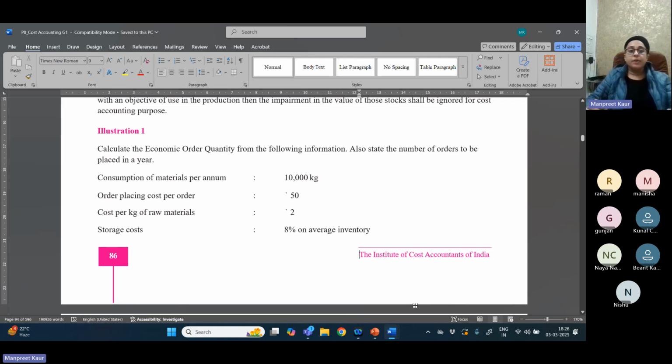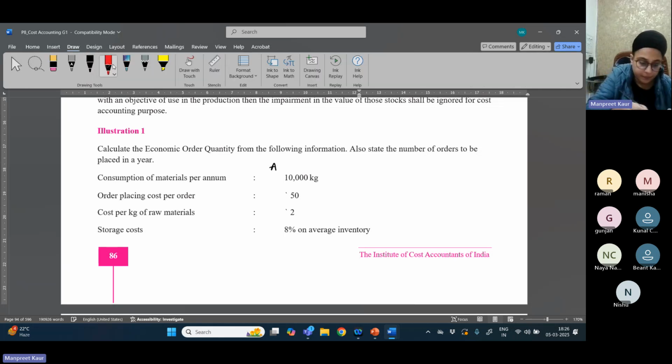Page number 86, question number 1 says, calculate the EOQ from the following information. State the number of orders to be placed in a year. Consumption of material, annual demand, is 10,000 kgs. Cost of placing an order is 50. Cost per kg of raw material is 2 and storage cost is 8% of the average inventory.